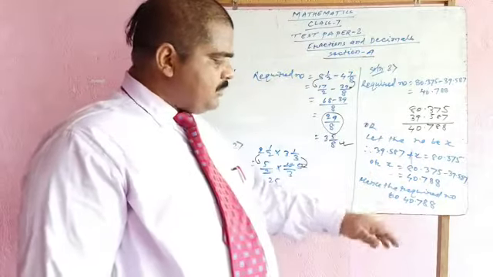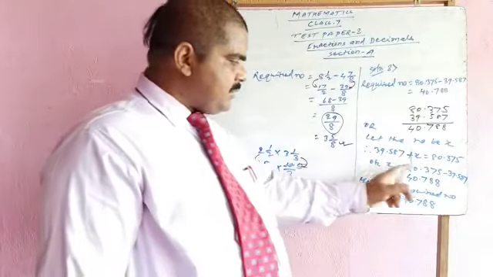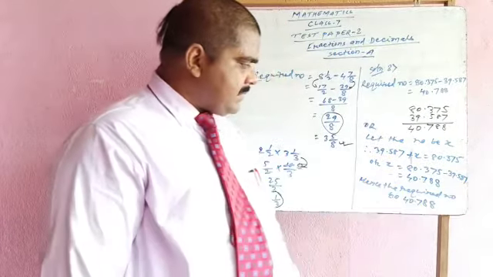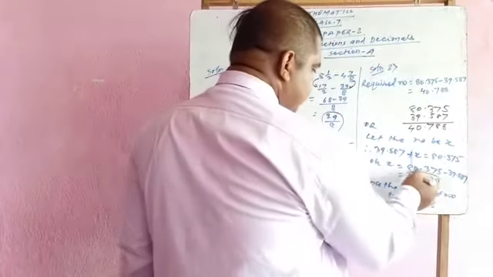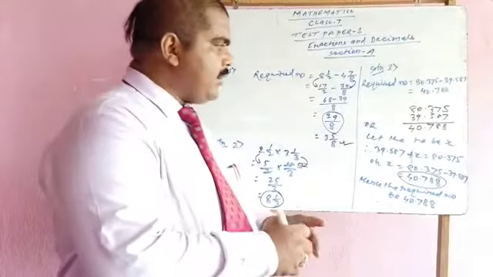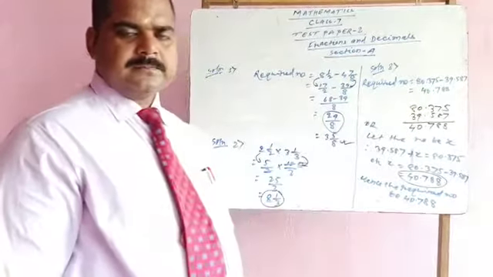By transposing, when you shift to the RHS side, plus changes into minus sign, so here I have written minus 39.587, and finally on subtraction we get the same answer, 40.788. Either you attempt this technique or that technique to solve the question.